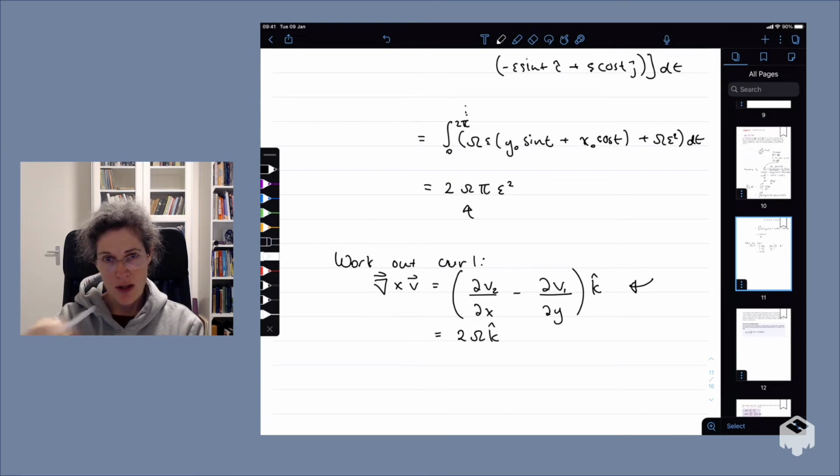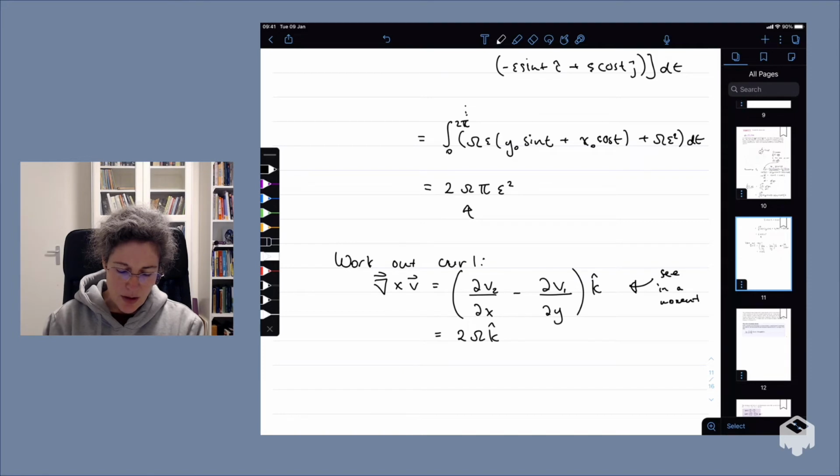Put a 0 in, work out the curl that way, and you end up with just a k component. Okay, so we'll talk about that in a moment, but trust me for a moment, it works.